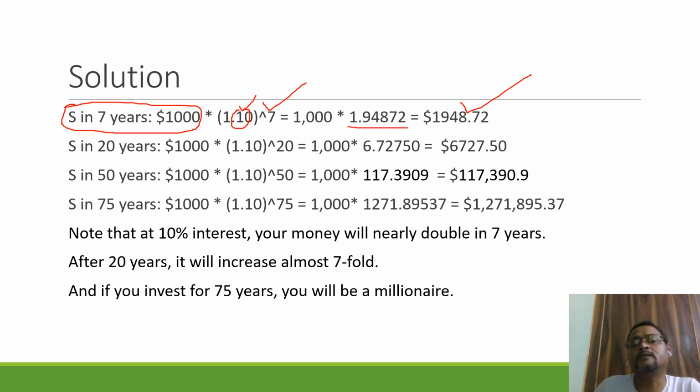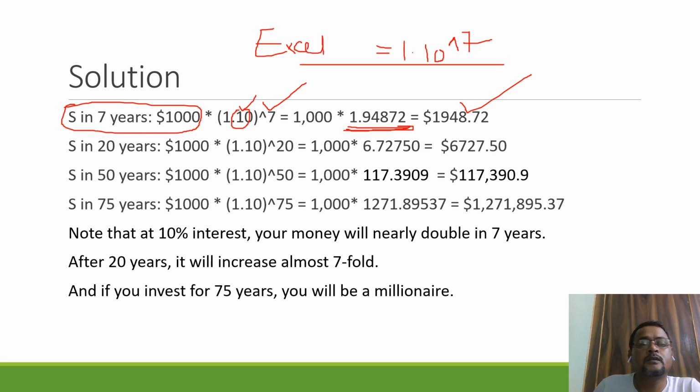You can easily calculate this amount in a financial calculator, or you can also use the formula like this in Excel, equal to 1.10 to the power. This is the formula for Excel. In 20 years, the power will be 20, in 50 years 50, in 75 years the power will be 75.